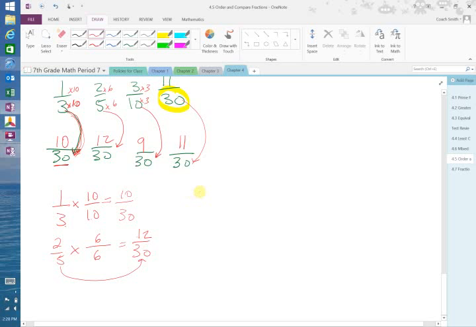Okay? Then I look at 3/10 times some fraction, and it gave me 30 on the bottom. Well, what did I do to 10 to make it 30? Multiplied by 3. So I must do the same thing to the top, which gives me 9/30. Same thing with 11/30.